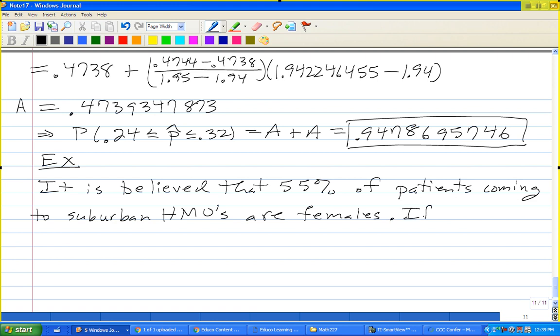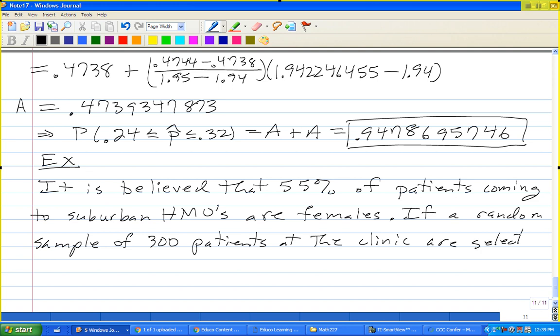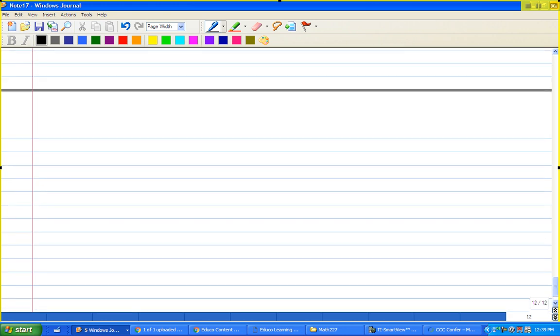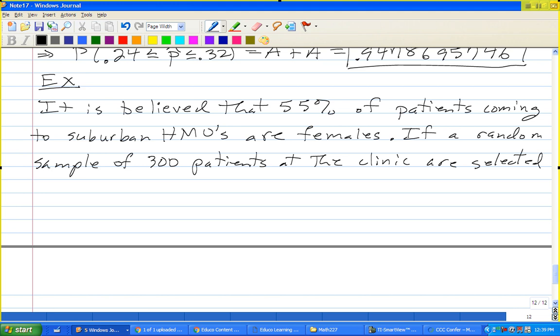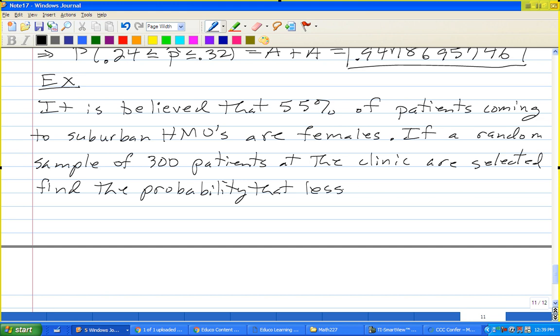If a random sample of 300 patients at the clinic are selected, find the probability that less than half will be female.